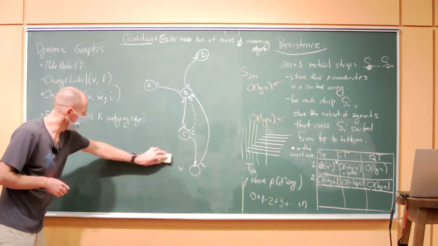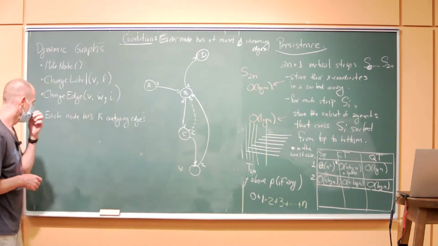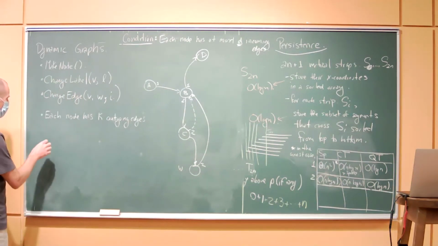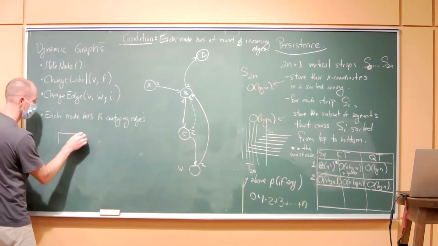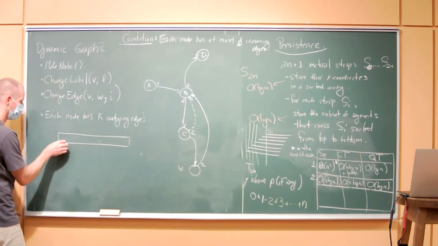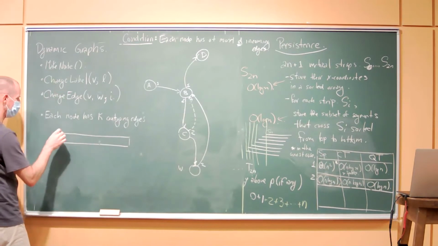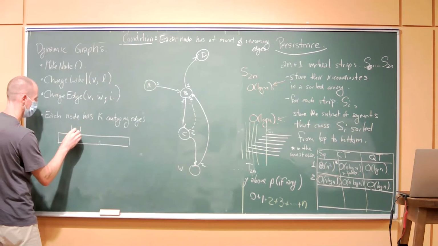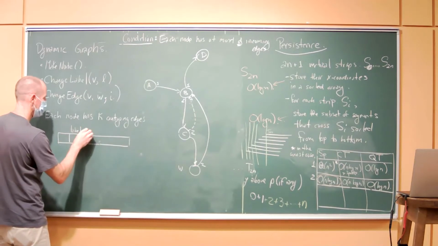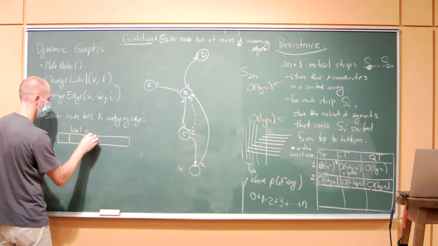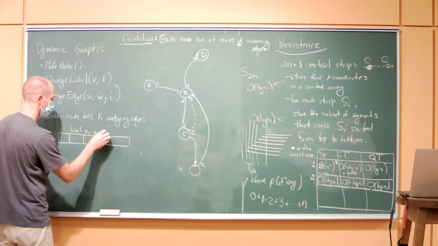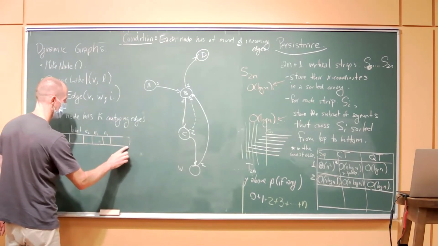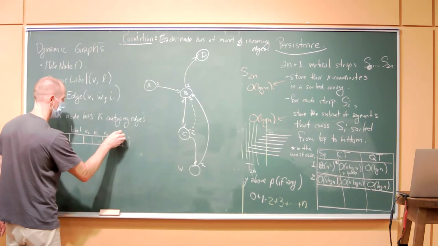So let's describe what this structure looks like. It's going to have nodes. What's a node going to look like? Well, what does a node need to have? It needs to have a label. And it needs to have edges, E1, E2, E3, up to EK.